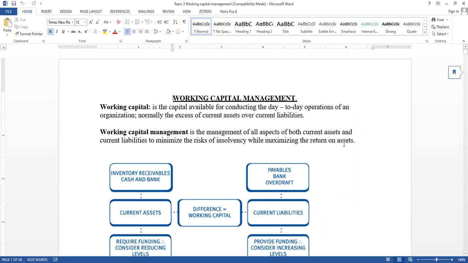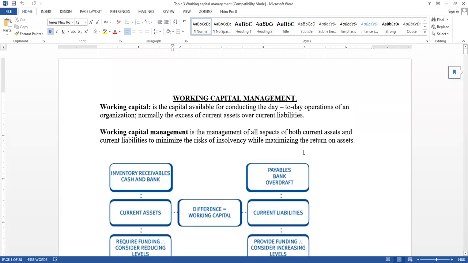And when we talk of working capital, that is the capital that you need to run your day-to-day operations, the excess of your current assets over the current liabilities. And when we talk of working capital management, we are looking at managing all aspects of current assets and current liabilities so that you minimize the risk of insolvency while you maximize return on assets.